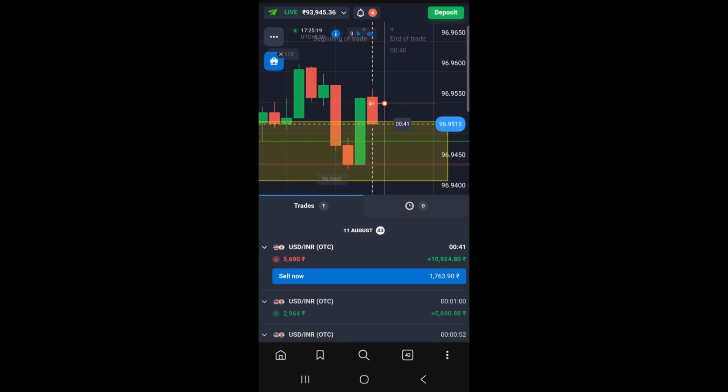I have placed a trade here in the downward direction because our SS pattern was formed. That's why I have placed it in the downward direction, and the previous candle was a Marubozu candle.